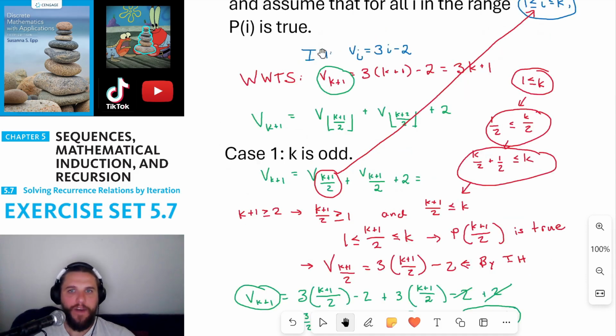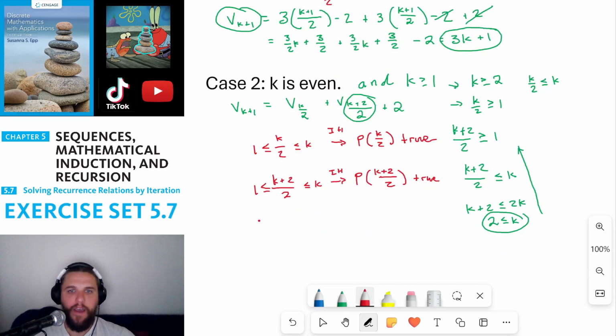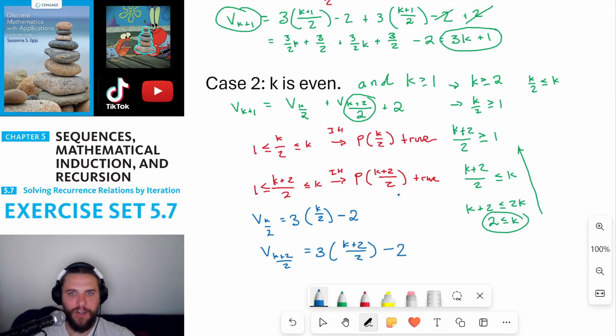Now keep in mind the inductive hypothesis says that v sub i equals 3i minus 2. And so in particular, what we've shown is that v sub k over 2 is 3 times k over 2 minus 2, and also v sub k plus 2 over 2 equals 3 times k plus 2 over 2 minus 2.